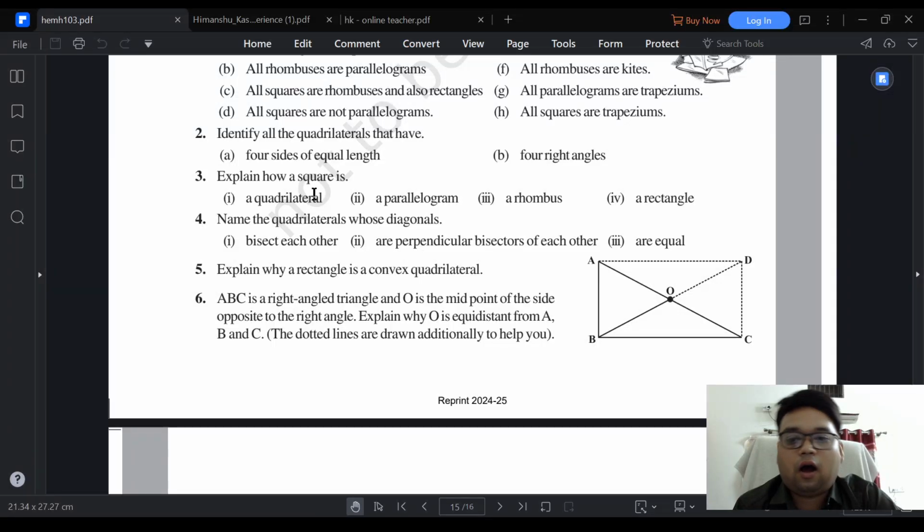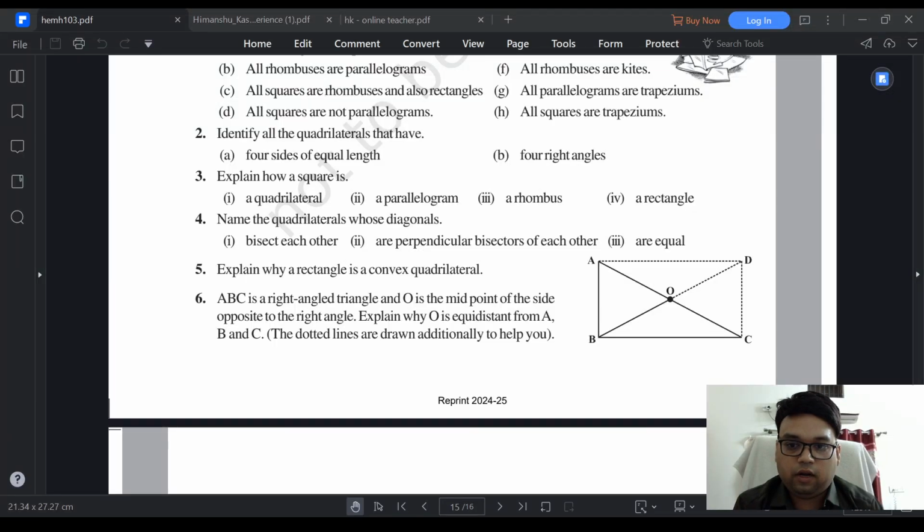This question is a very unique type of question which clarifies all your concepts. So let's move forward to question number 3.